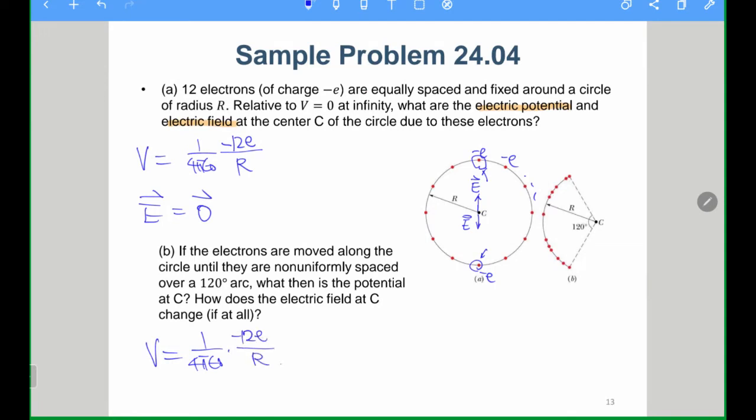However, if we try to calculate the E field at point C, the E field is not 0 anymore. Of course, we don't know the position of each of the electrons, so we have no way to calculate the E field generated at point C. The only thing we can tell is that the E field at point C for part B is not 0 anymore.